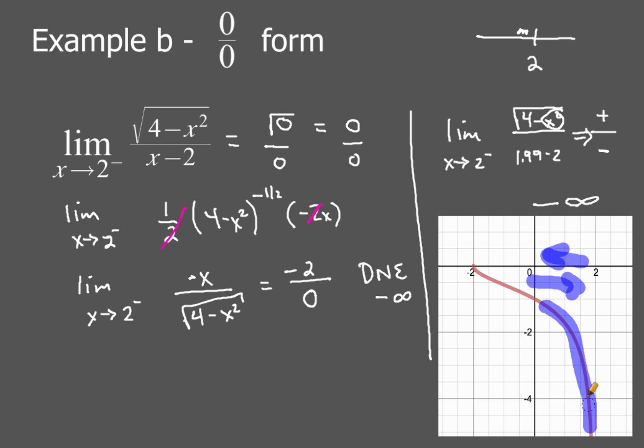It's going down, down, in that negative direction, approaching negative infinity. It'll never quite get to 2, but it'll get really close to 2. Our end behavior also indicates that it is going down. So the limit of this function does not exist or is negative infinity. It just depends on your textbook or what your teacher is looking for.